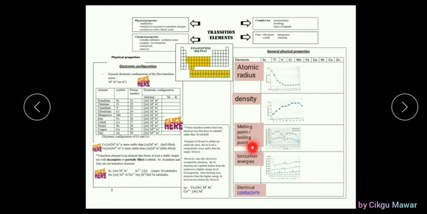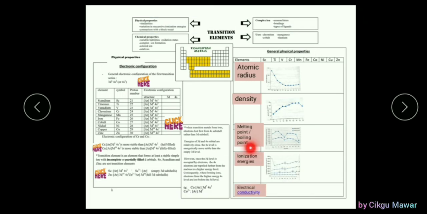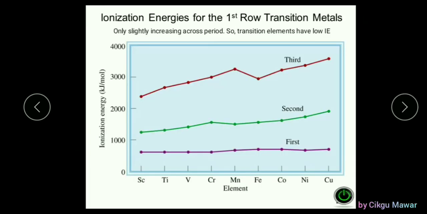Next physical property is ionization energy. Here are the first, second, and third ionization energies for the first transition metals. If you can see, it only slightly increases across the period.